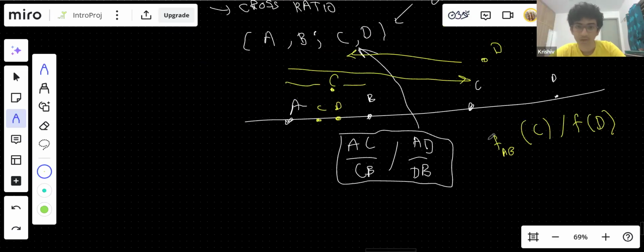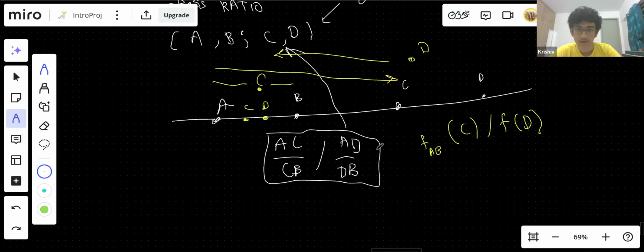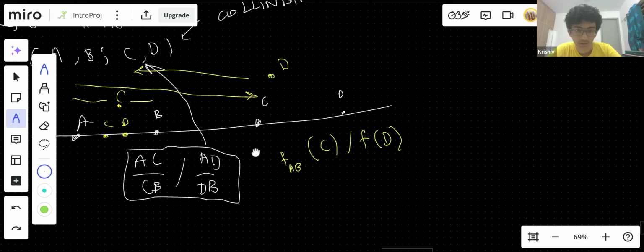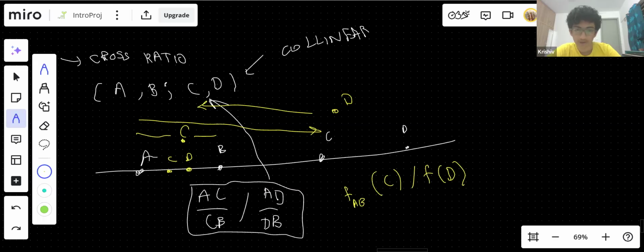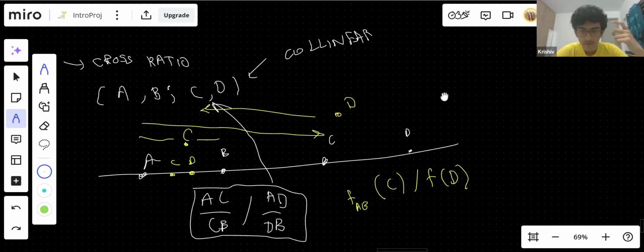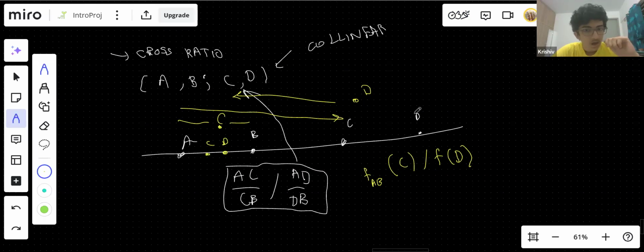Okay, cool. I hope it's clear, because now we'll do some more definitions. It's going to be more definitions for a while. One thing to think about: what if A, B, C, and D are all on the line at infinity?